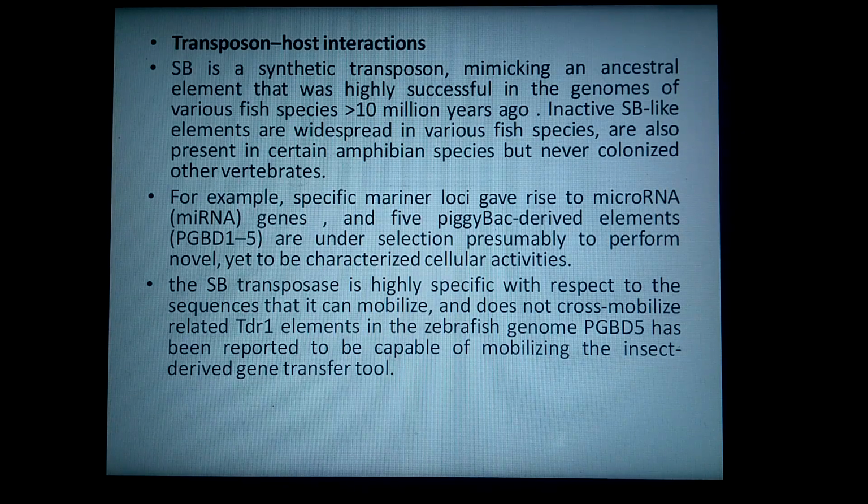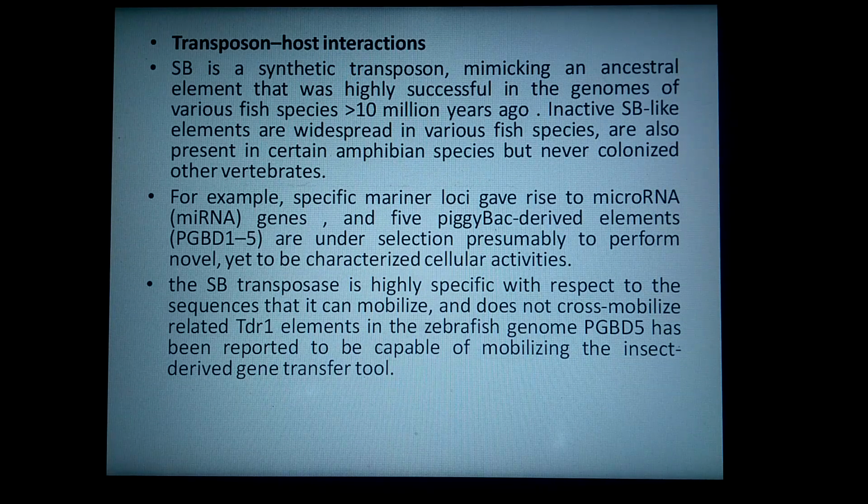In fact, the human genome consists of around 3% inactive DNA transposons. The most closely related sequences to SB are human Mariner elements belonging to the same Tc1/Mariner superfamily of transposons. While no active DNA transposon is present in the human genome, certain copies have been recycled in a domestication process and gained a novel cellular function.